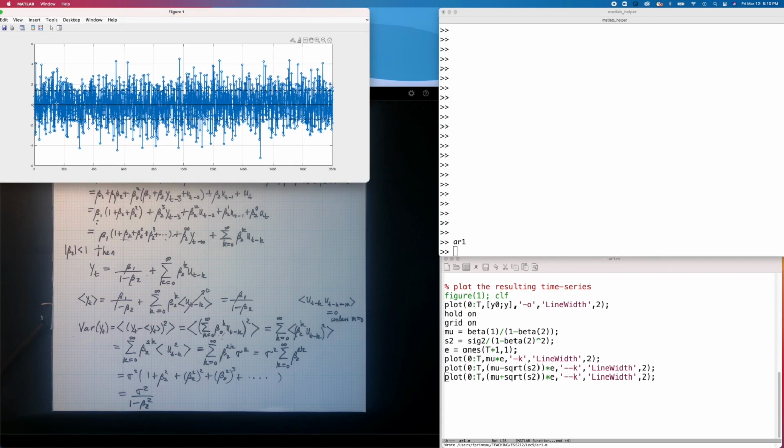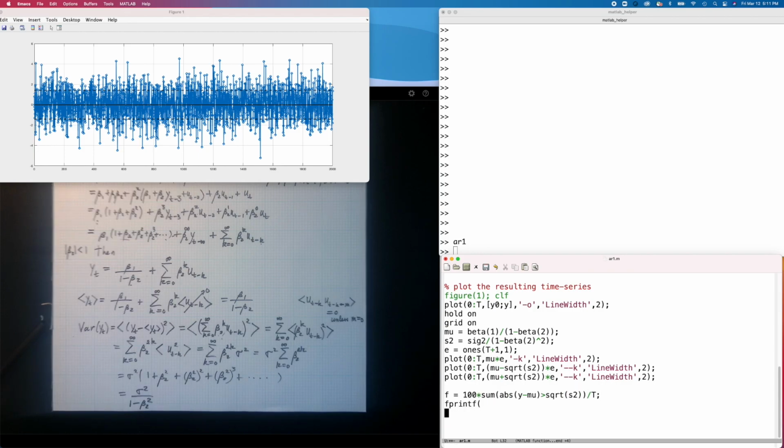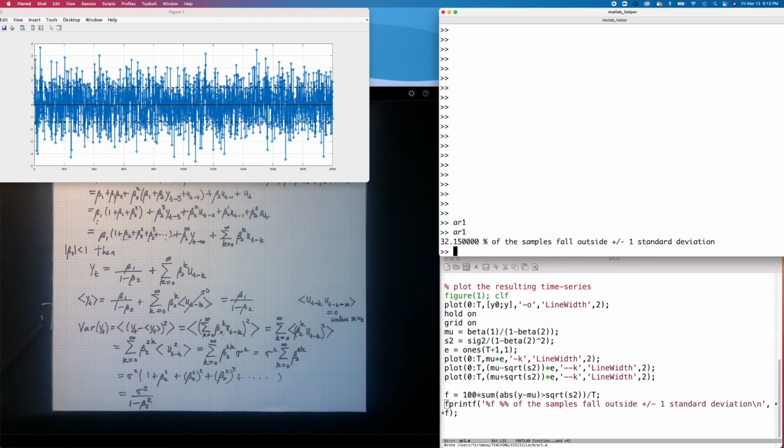So this is the mean plus 1 standard deviation, mean minus 1 standard deviation. Let's count the number of times it falls outside plus or minus 1 standard deviation. About 32%, which is about right. We should have about 68% within plus or minus 1 standard deviation.